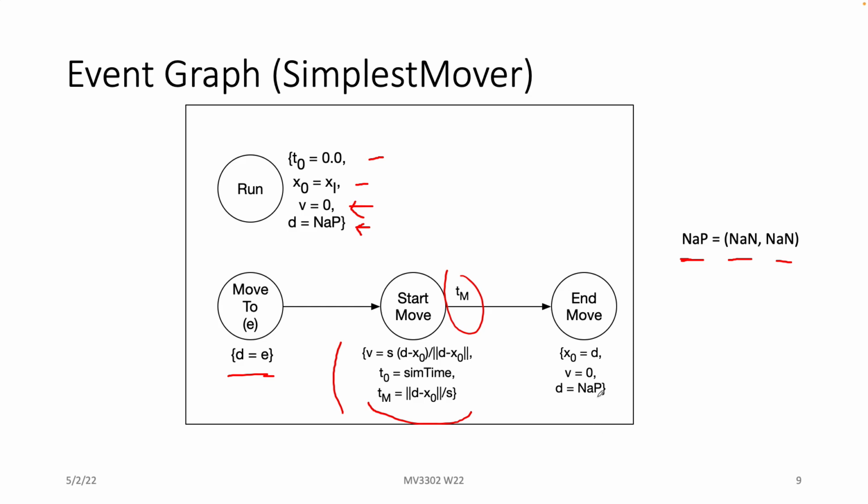Well, first I need to figure out the velocity. So let's unpack this. If I am here and I want to move here, then the vector between here and there is simply the difference of the two. That's d minus x naught, the destination coordinates minus where I am.